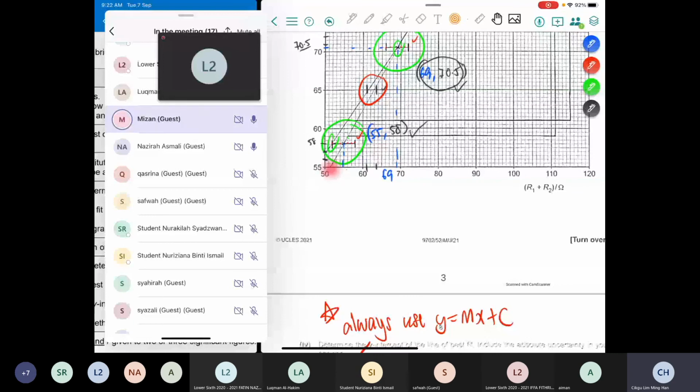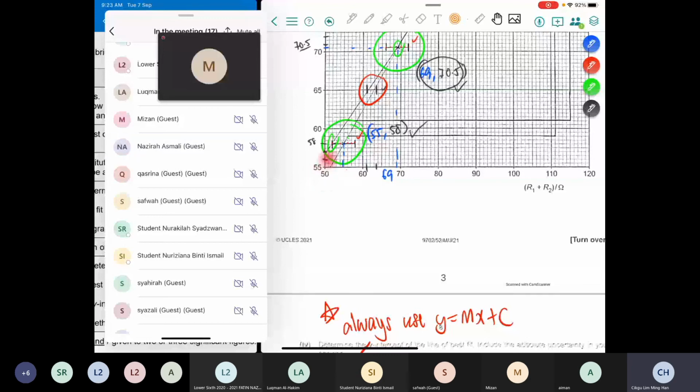No. Yes, Mizan. You start from zero. That's the correct answer. As you can see, this one is 55 and this is 50.